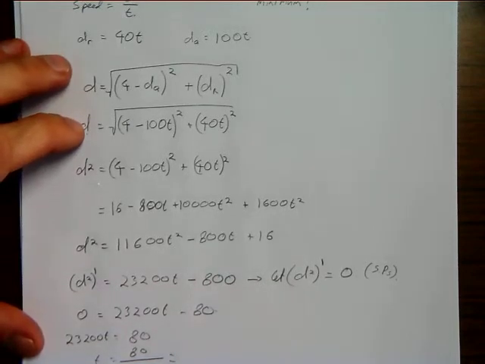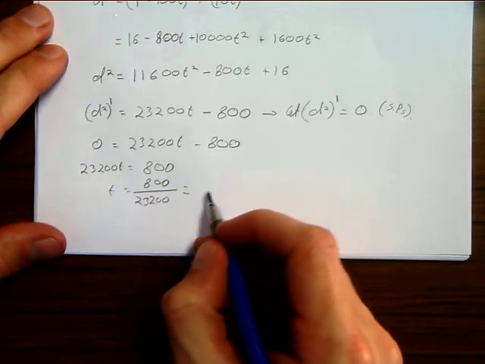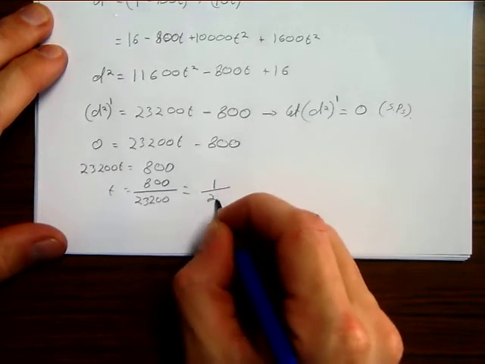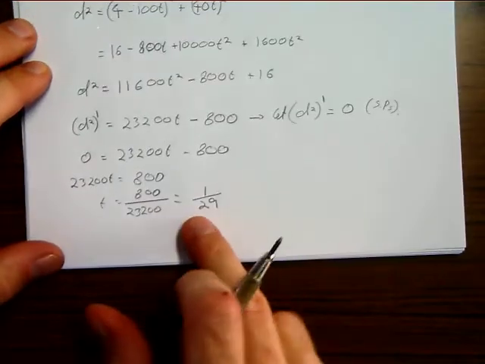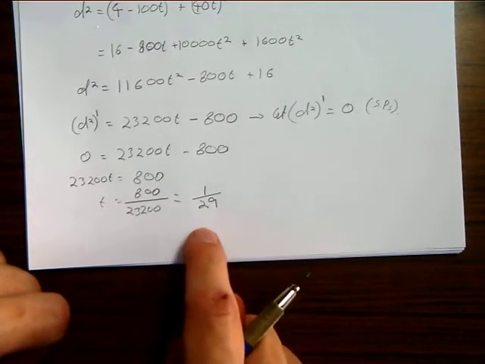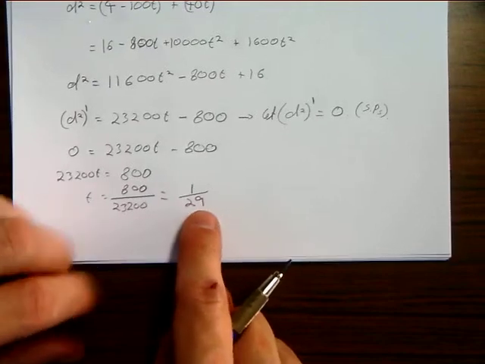What is that? So what do I get for that? 1 over 29. What is that unit though? Hours. That's hours. Okay.